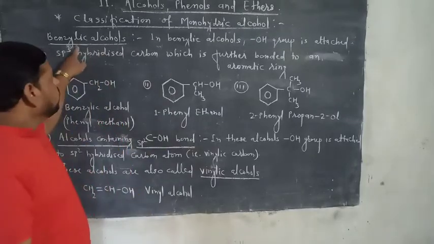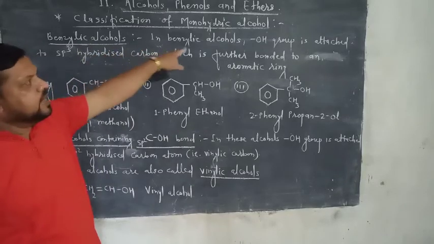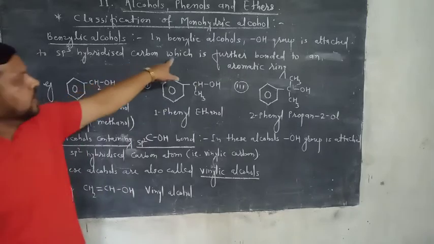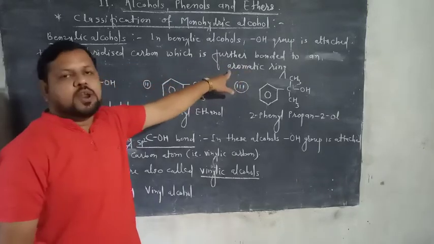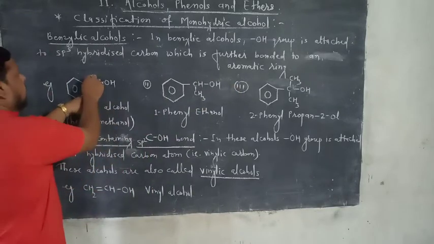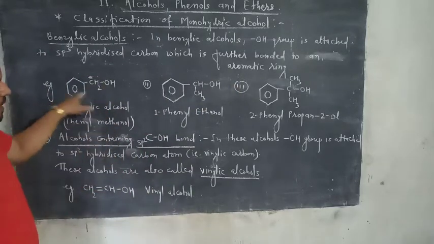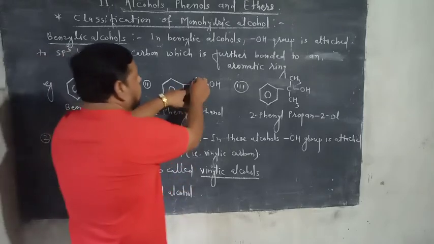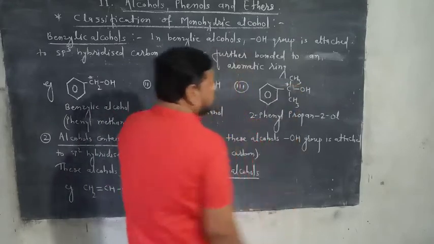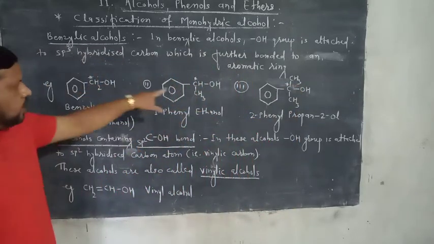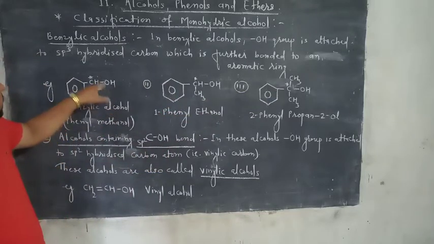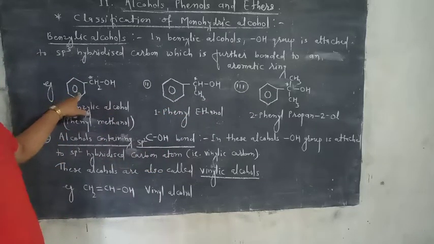Then we discuss benzylic alcohols. In benzylic alcohols, the OH group is attached to an sp3 hybridized carbon, which is further bonded to an aromatic ring. This sp3 hybridized carbon atom is attached to the aromatic ring in this way. This carbon atom is the sp3 hybridized carbon atom, and it is attached to the aromatic ring.